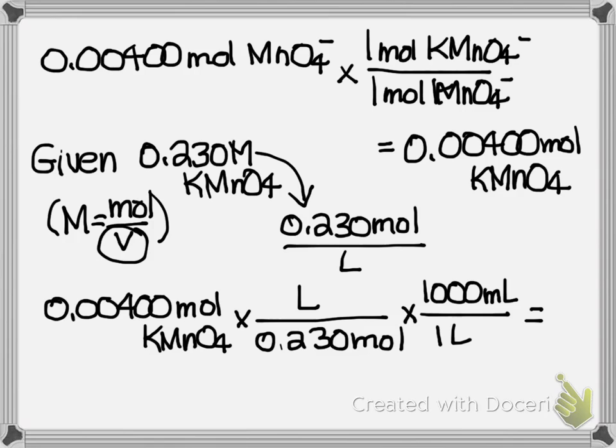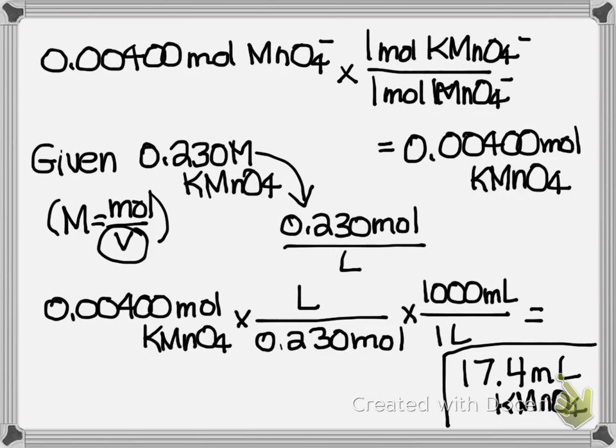So take 0.004, divide it by 0.230, and multiply by 1,000. And I get 17.39. So to three significant figures, it would take 17.4 milliliters of the potassium permanganate solution.